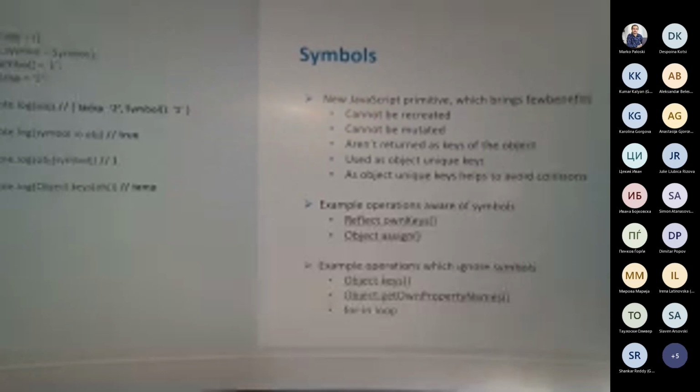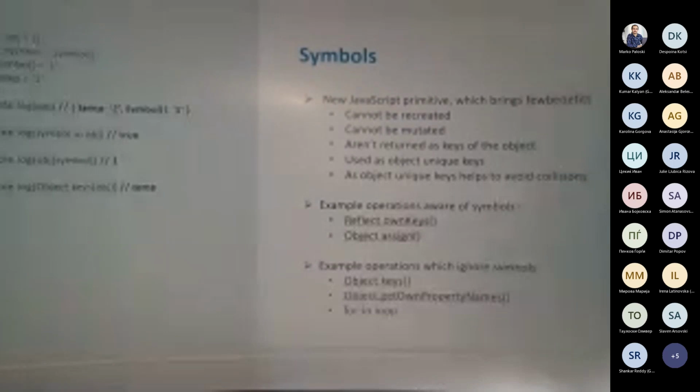It looks like a private property, but you can get that symbol through a few approaches. But anyway, it's used as a private property for now, and the most interesting thing about symbols is that you can use that symbol as a unique key. Why a unique key?